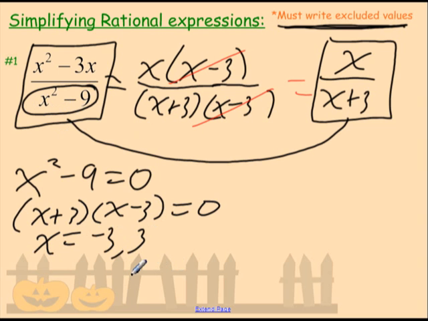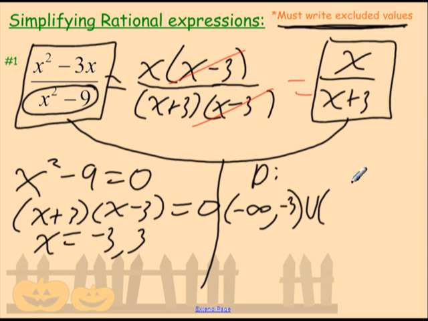So your domain in interval notation, this is going to be a little bit ugly, but this is how you have to write it. It's everything but negative 3 and 3. So it's going to be negative infinity to negative 3, not including the negative 3, union with all the numbers between negative 3 and 3, and then also all the numbers that are bigger than 3 all the way to infinity.